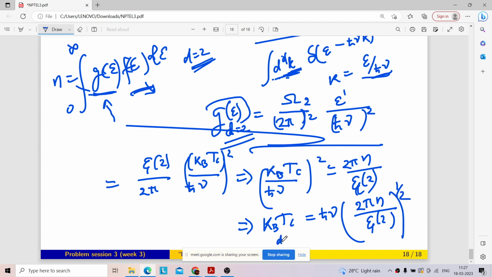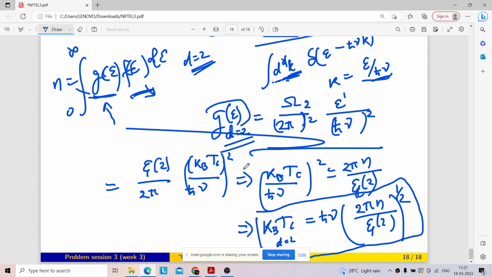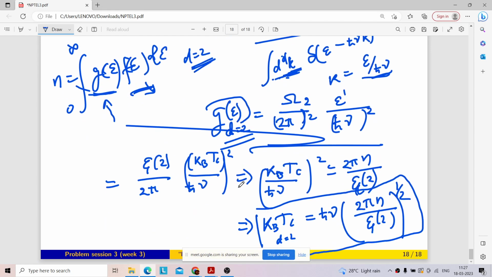This is for d equal to 2 dimension. So this is the critical temperature in 2 dimension at which the condensation will occur.